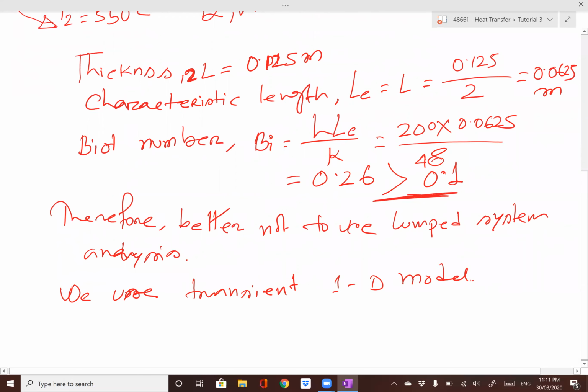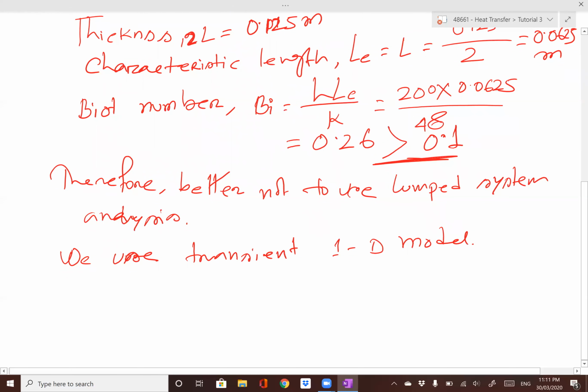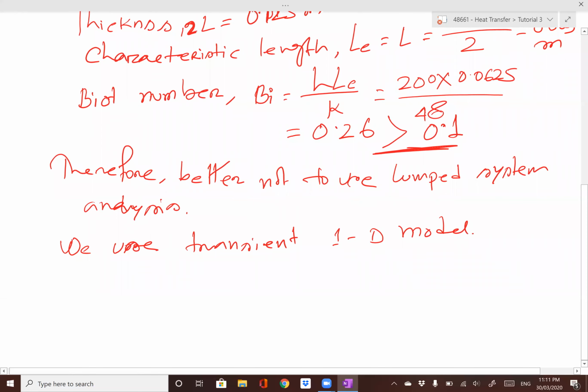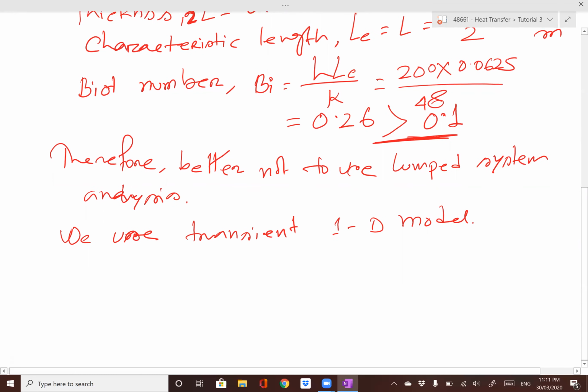Okay, now for this model, we can solve from the chart. Also, we can find out from a mathematical formula. Okay, so I will solve it based on the chart.